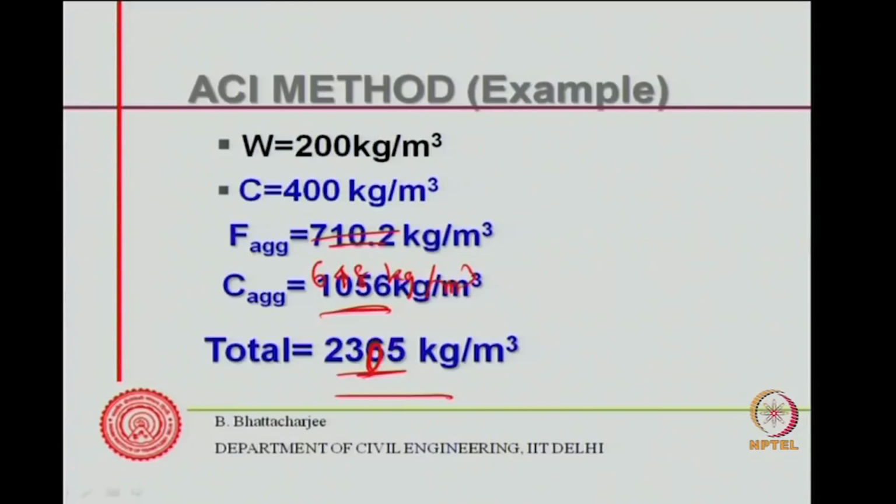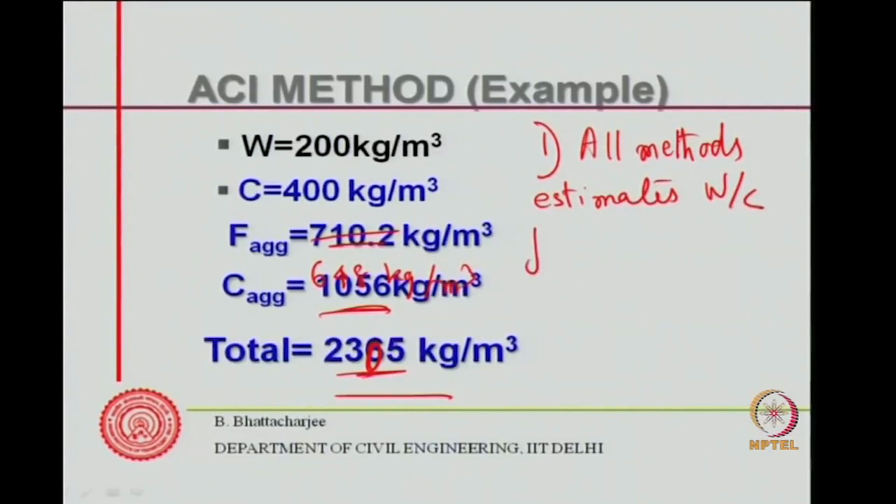proportion through ACI method. So, if you now compare these three different methods, one thing you can generalize: all methods estimate water to cement ratio from strength.